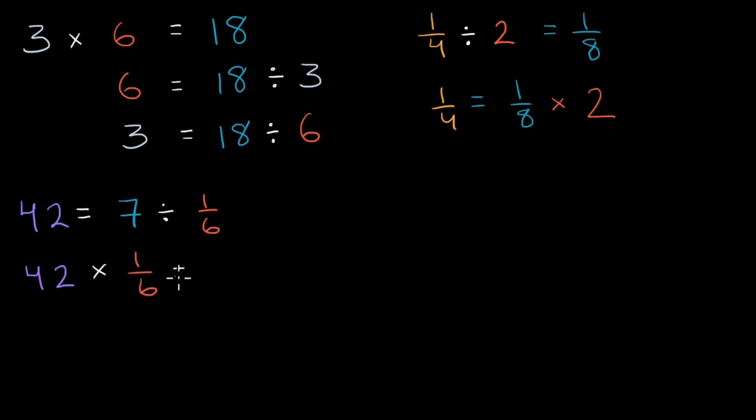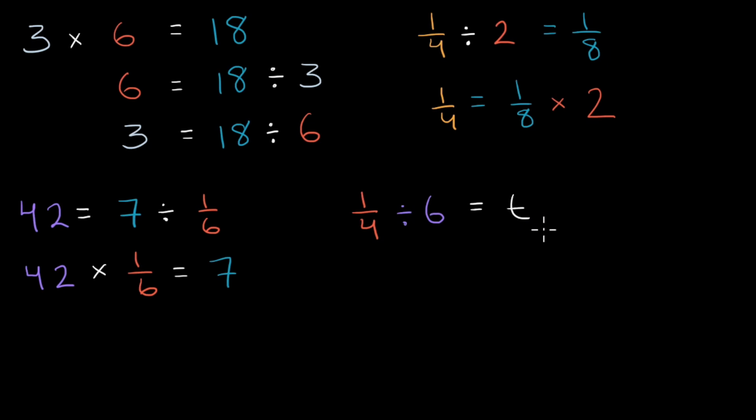Now let's say I walk up to you on the street and I were to say that 1/4 divided by 6 is equal to some number that we will express as t. So can we rewrite this relationship between 1/4, 6, and t, but instead of using division, use multiplication?